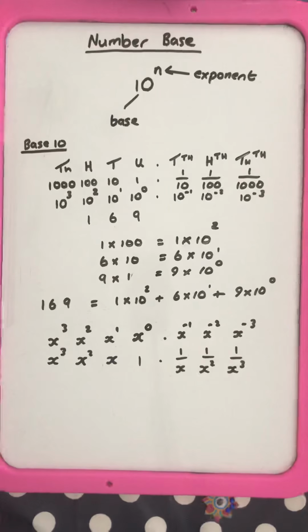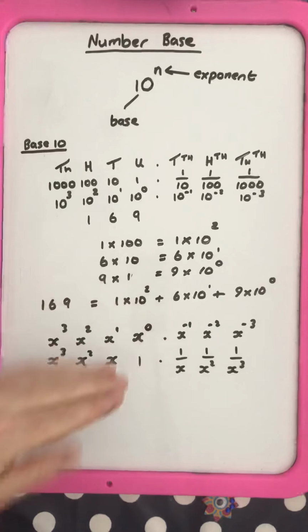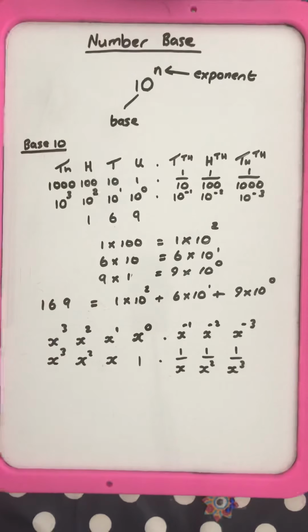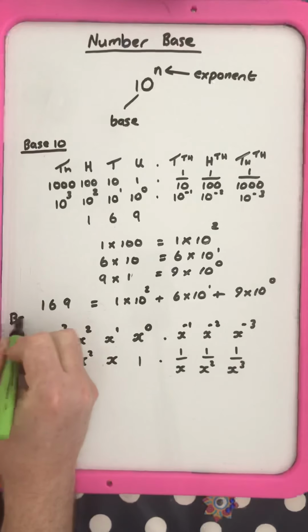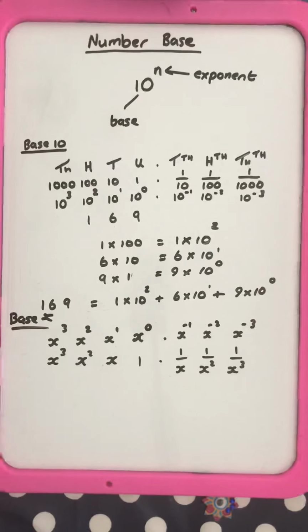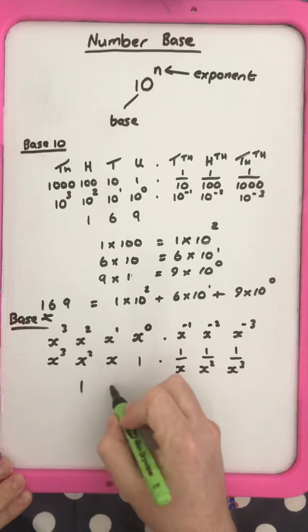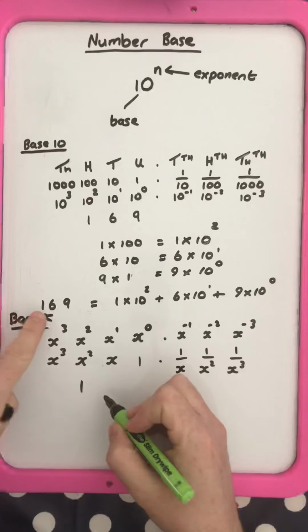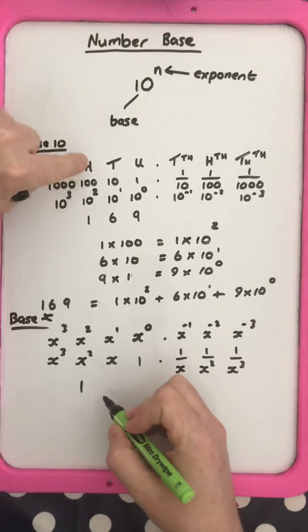Now if you've completed what I'm doing currently, National 5, you'll see a lot of these rules where anything to the power of 0 is equal to 1, but really algebra is a generalisation of number work. So if we were to write 169 in base x, think about this as if we were in our base 10, our decimal number system, that 1 would represent 100.